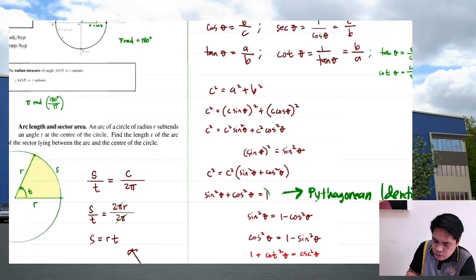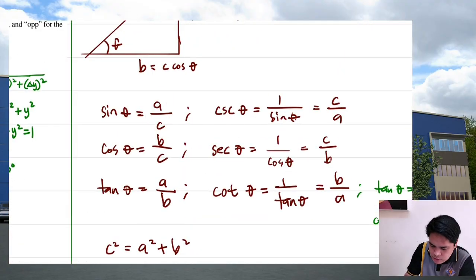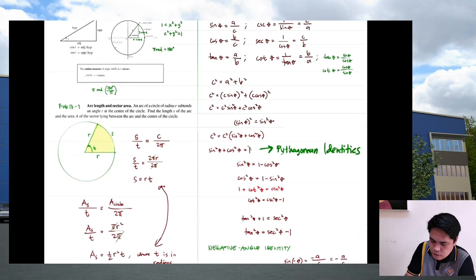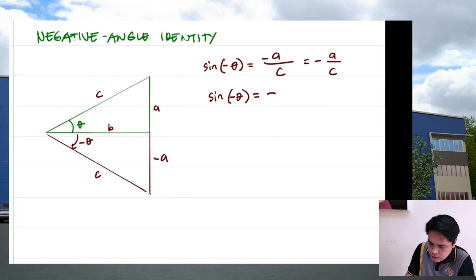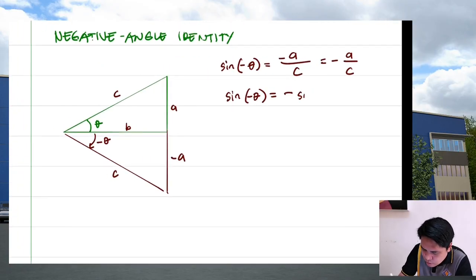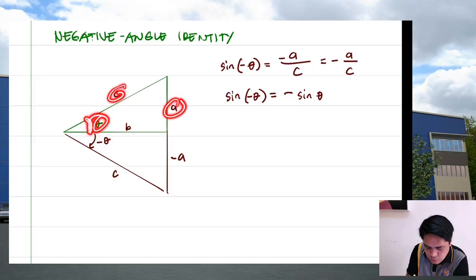Balikan natin dito. A over C is just sine theta. So, sine negative theta is just negative sine theta. Okay? Or pwede ito yung tingnan natin. A over C is opposite over hypotenuse of angle theta.